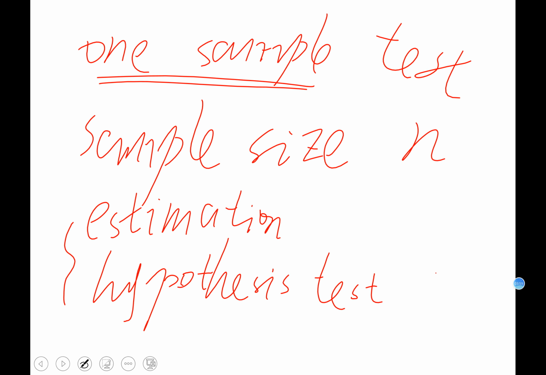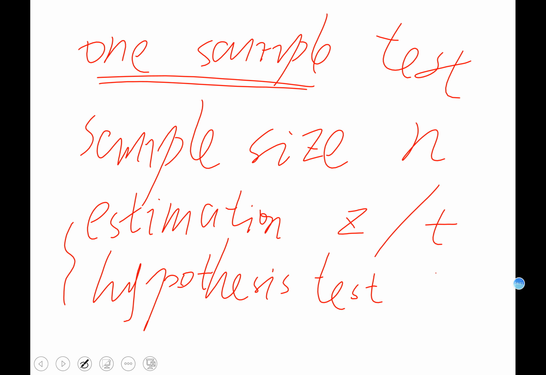And in one sample estimation, when we want to calculate the confidence interval for the population mean, we have two methods, and each of the two methods is based on a special distribution. One is based on Z distribution, and another one is based on T distribution.